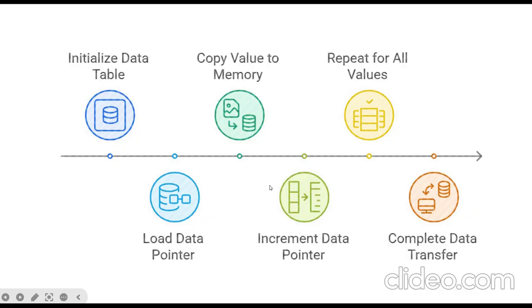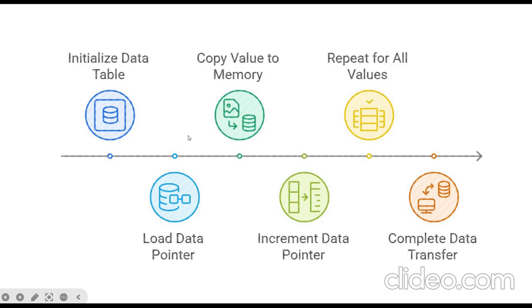So this program will initialize a data table with 10 values, and it will copy these values to a specified memory location in a loop. This program will use the registers and the pointers for copying the values to a specified memory location, and to manage the data transfer efficiently.